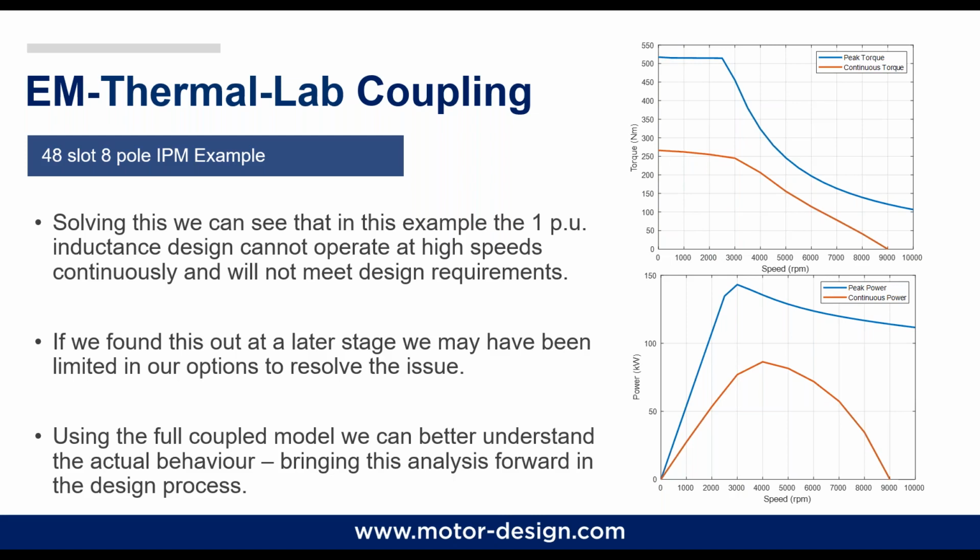Unfortunately, when we calculate them, we discover that although we've respected that initial design rule, in this case, basically the machine is actually getting too hot at high speed, and our continuous power and torque basically falls to zero at 9,000 RPM. So here the torque basically is zero. So effectively, this is showing us that we cannot operate above 9,000 RPM without the machine getting too hot.